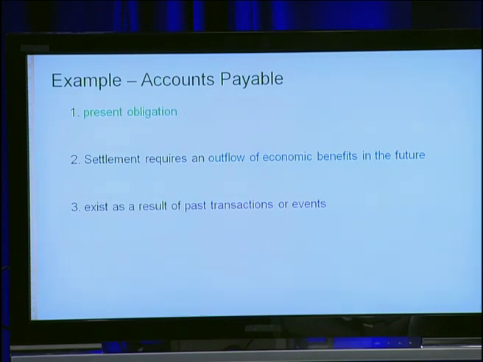And the third one, it exists as a result of past transactions or events. Since the essential characteristics are all there, accounts payable qualifies as a liability. Therefore accounts payable is one of the examples of liabilities.